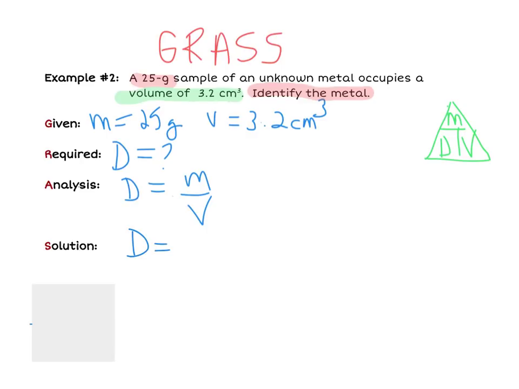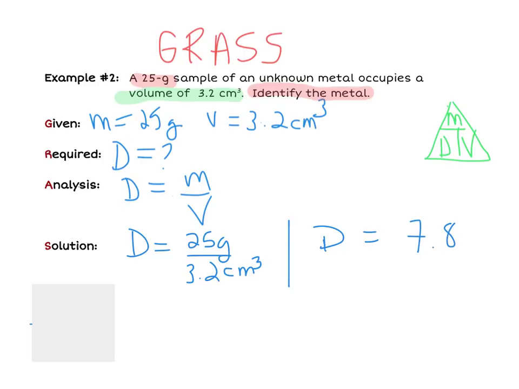So my mass of 25 grams and my volume of 3.2 cubic centimeters. And solving for that, I'm getting 7.8 as my value.